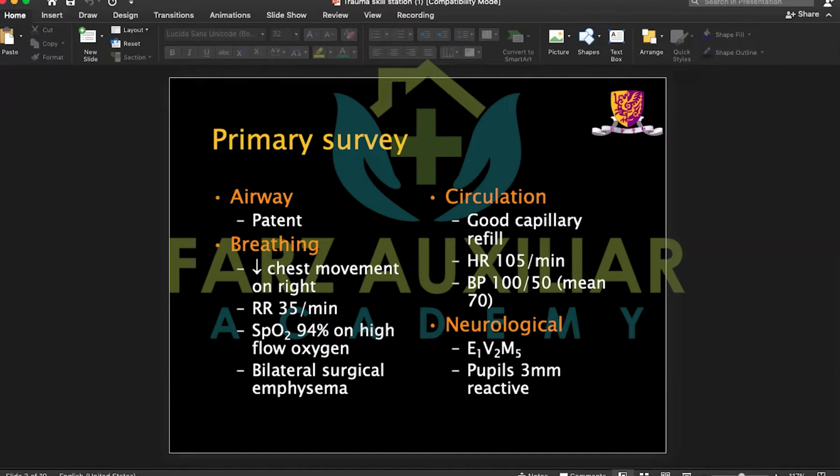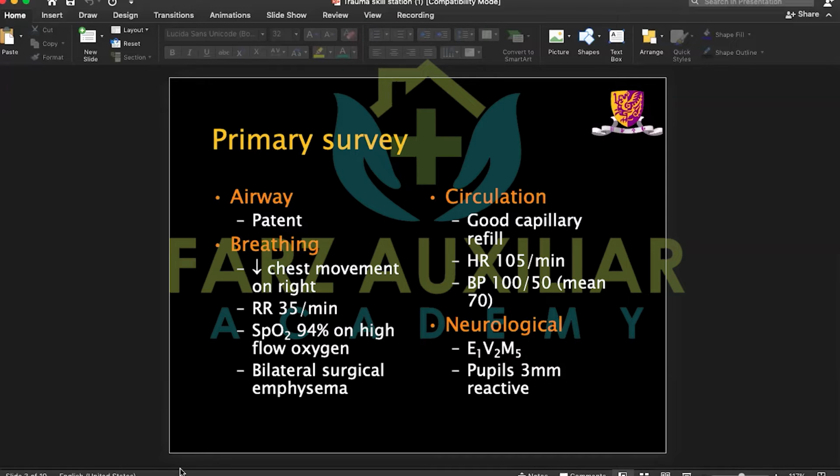If you see this patient, the airway is patent because the patient is awake and conscious. He is able to tell his name. On examination of the breathing, there is decreased chest movement on the right side. The saturation is low, the patient is tachypneic, and there is bilateral surgical emphysema.